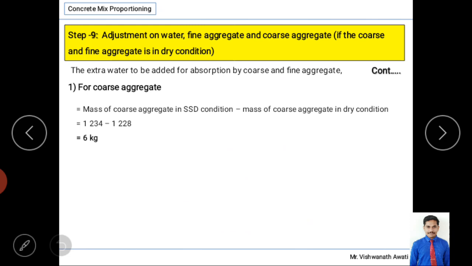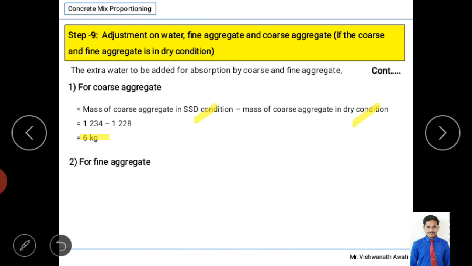What you calculated, if you remember step number 8, in earlier steps. You can easily write it, because it is the same coarse aggregate, but the first one is SSD condition, the second one is dry condition. The first will be the higher value, higher value means saturated condition. Correct. So then if you calculate, you will get 6 kg of water.